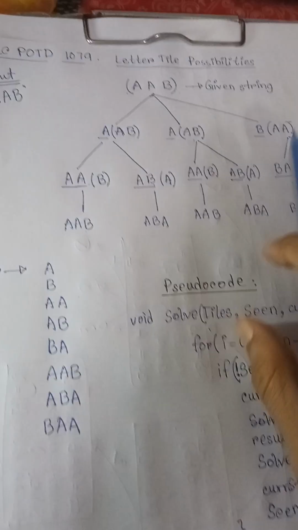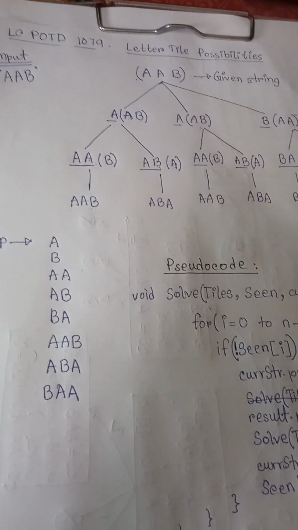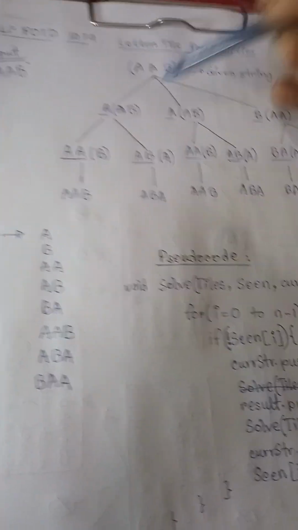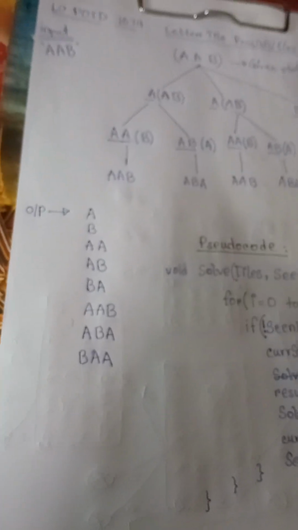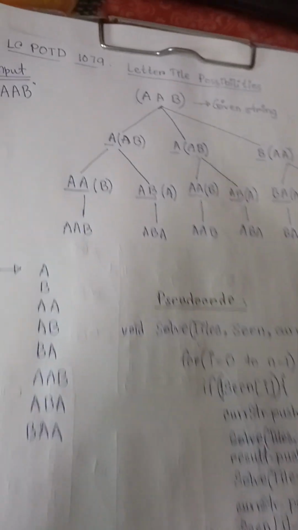So at each level, you have to insert all these children of this tree into your final answer, and then you just simply have to calculate the size of your final result.